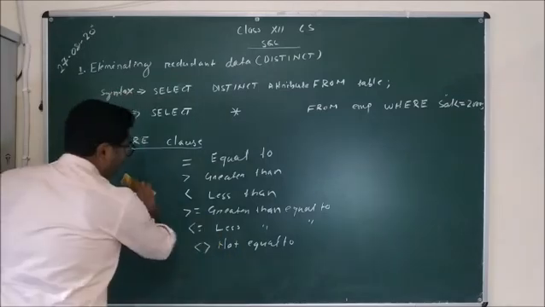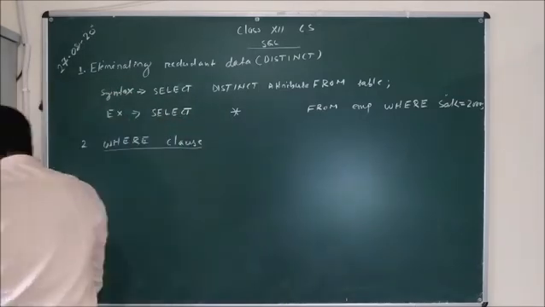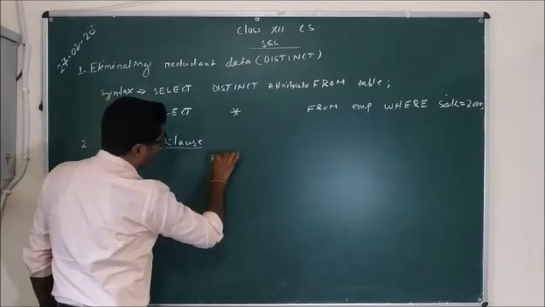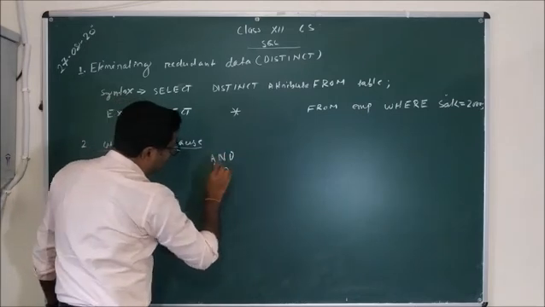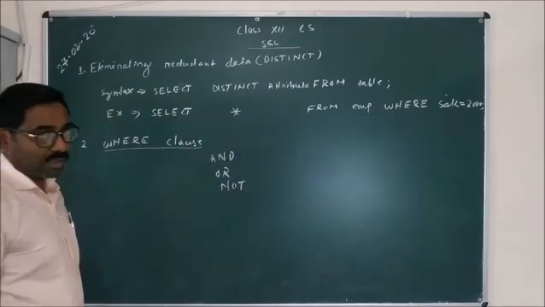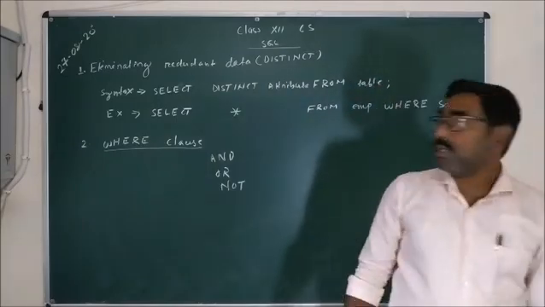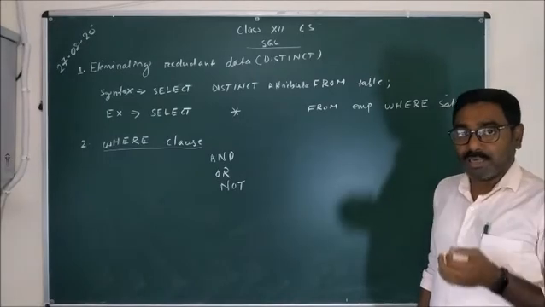Now let's go to the logical operators, and there are three logical operators. One is AND, another is OR, and the third one is NOT. You are very much familiar with these operators, that is AND operator, OR operator and NOT operator.